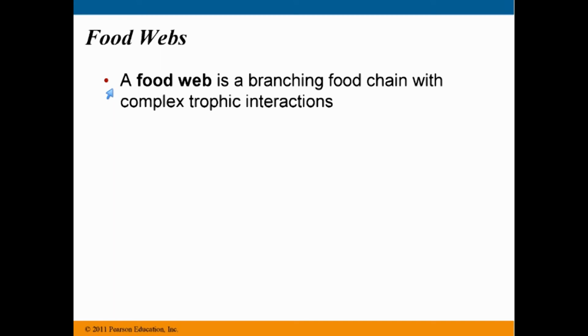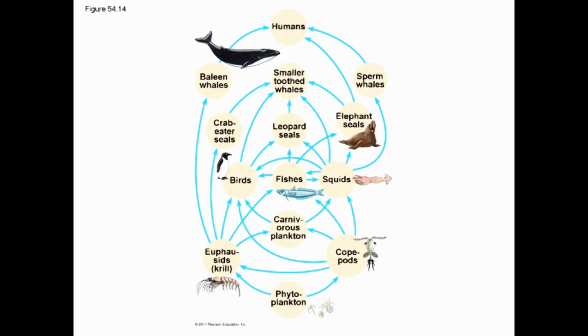A food web is a little bit different. A food web, you're still looking at interactions, but you're looking more at a branching food chain. And this branching food chain can show very complex trophic interactions. And here's an example of one. So down here, we still have our primary producers and consumers.